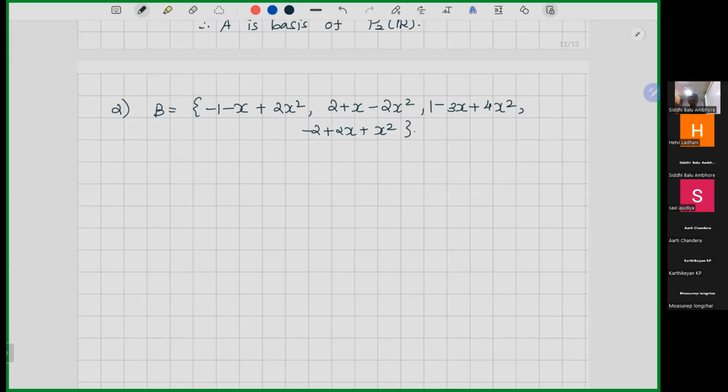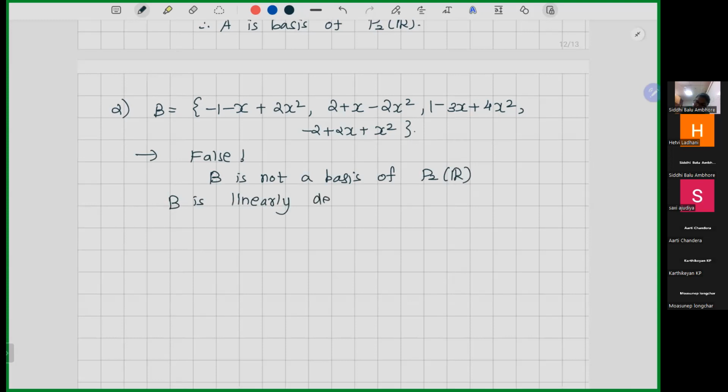So even before I finished writing, the moment I wrote the first term of the fourth element, everyone is saying false. And it is false, B is not a basis of P2R because B is a linearly dependent set.